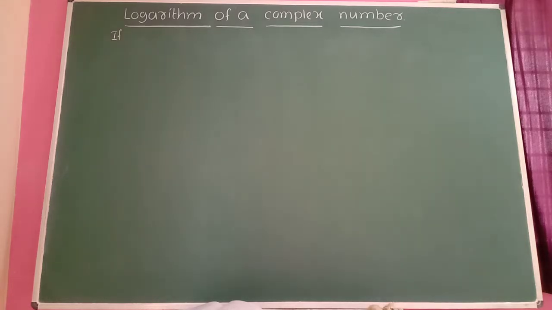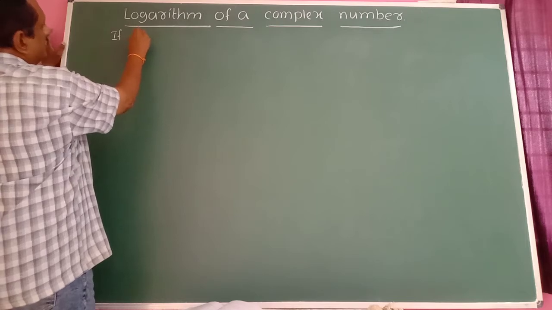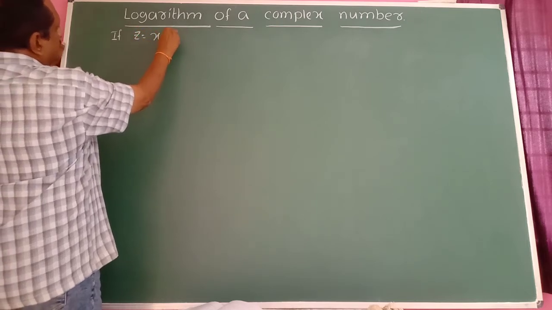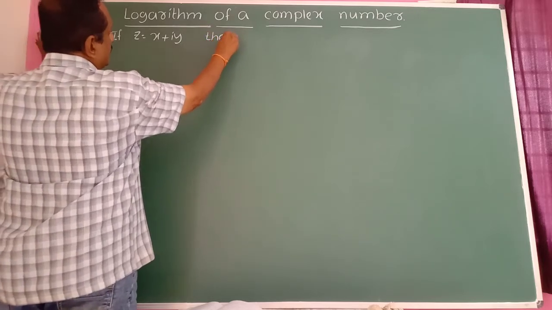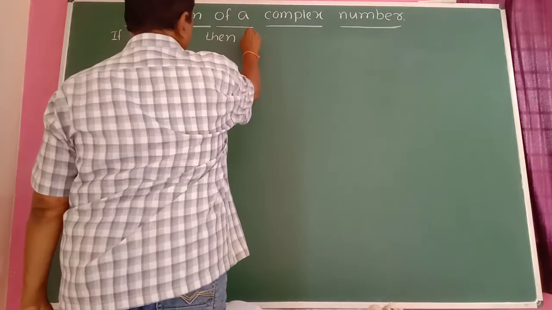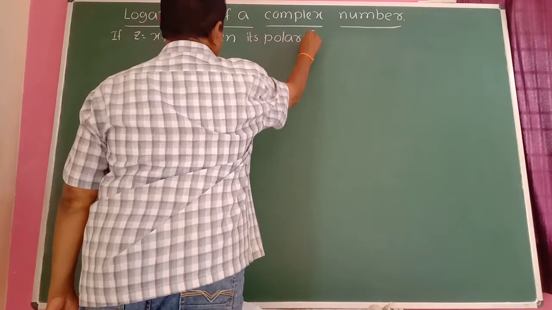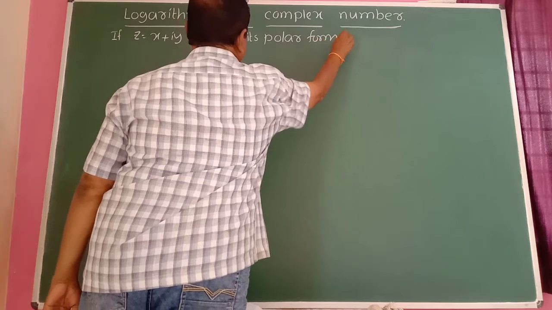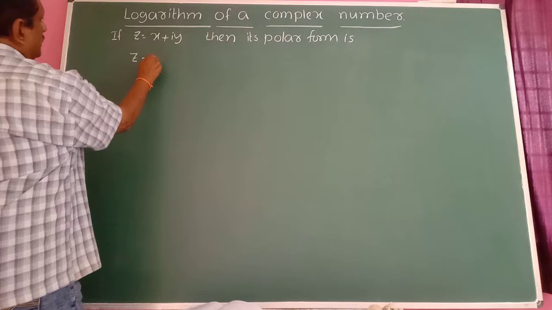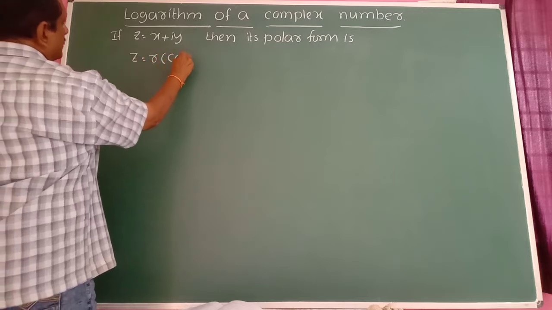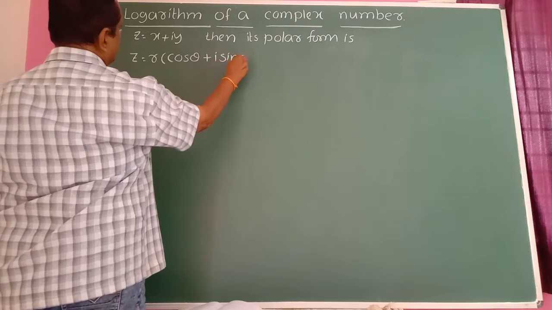So, logarithm of a complex number. If z is equal to x plus i into y, then its polar form is z is equal to r into cos of theta plus i into sin of theta.